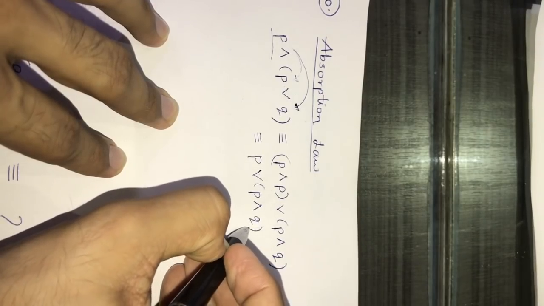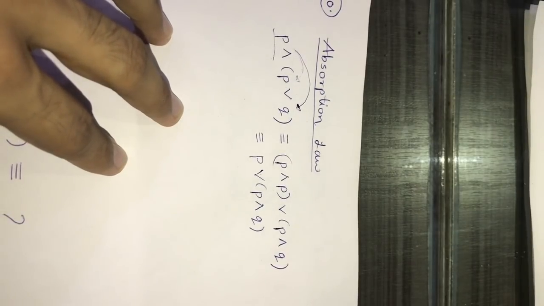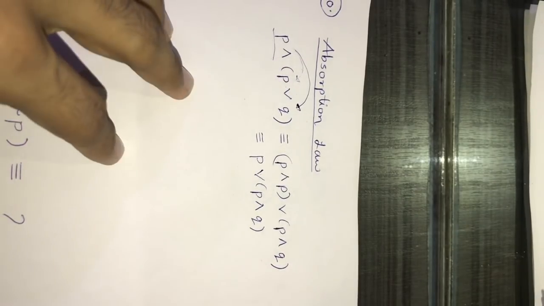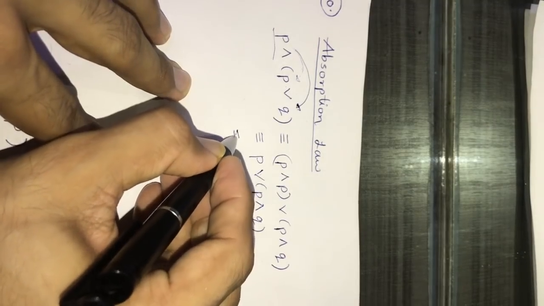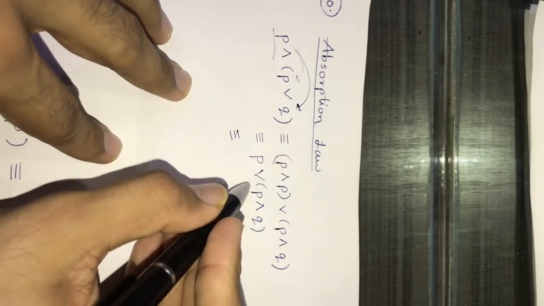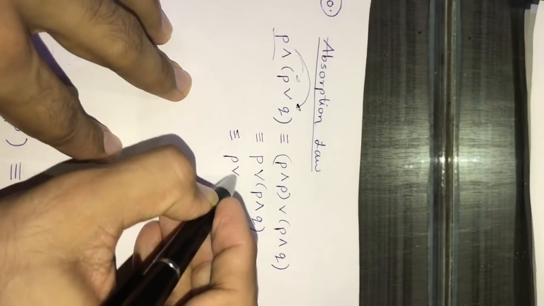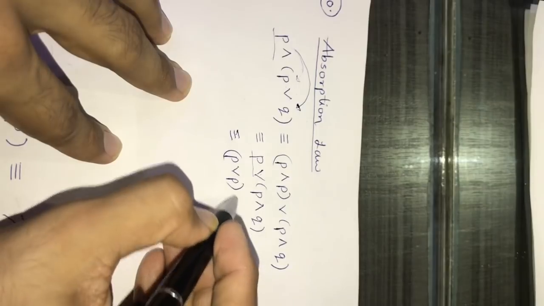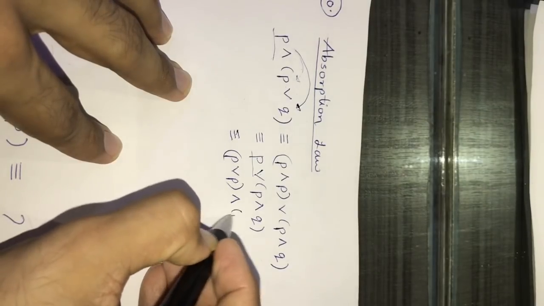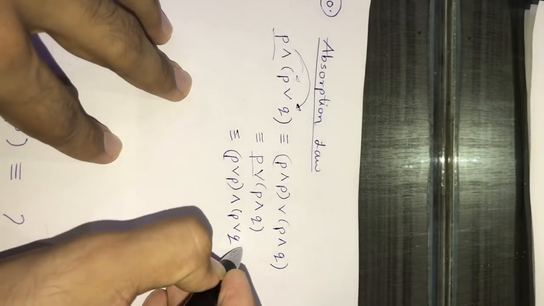Nothing much, still having a similar result. Okay, I further try to apply the distributive law. Again, the signs inside and outside are different, so we get P or P, it goes inside, P or P, and again we have P or Q.